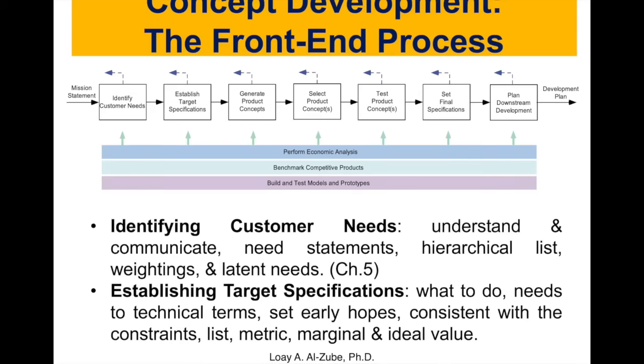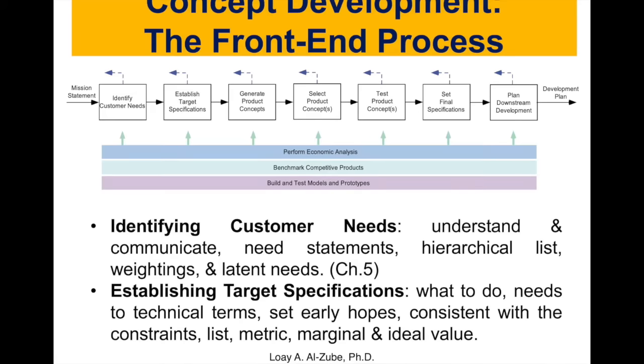Those are sub phases, and you can see that we are going from left to right. We start with identify customer needs, then we establish target specifications, all the way up to the last stage, which is plan downstream development. And then we have the development plan, which is the output of the concept development phase.